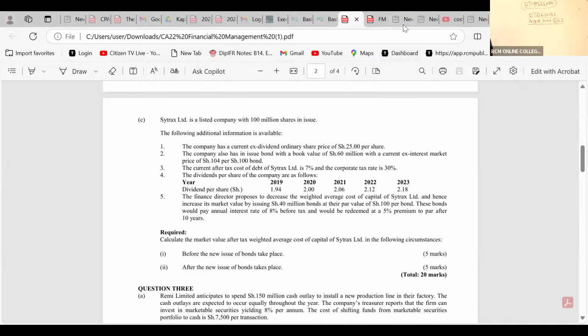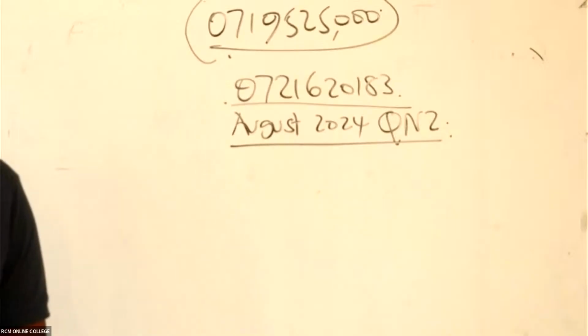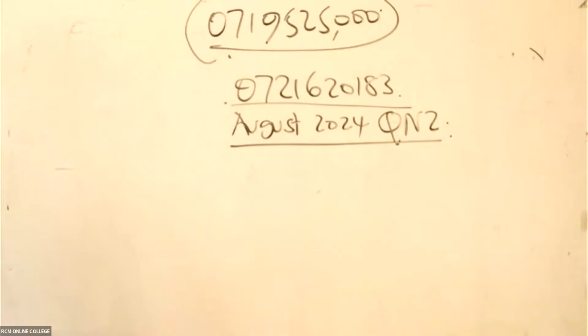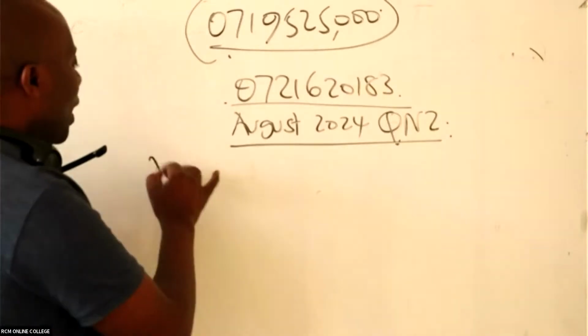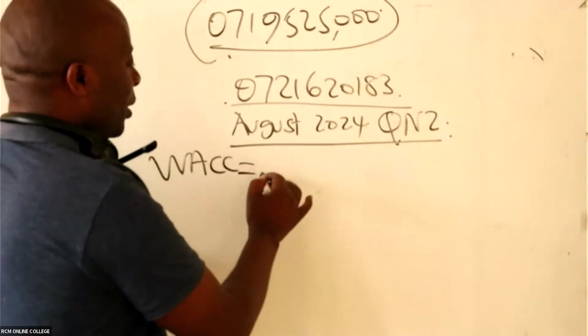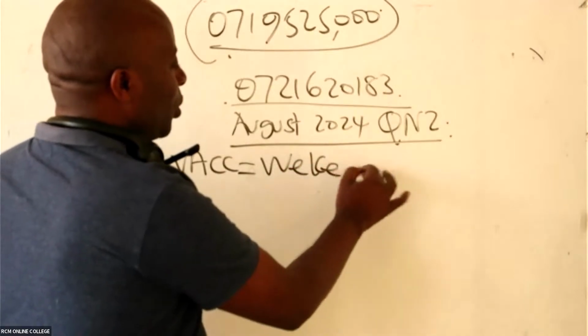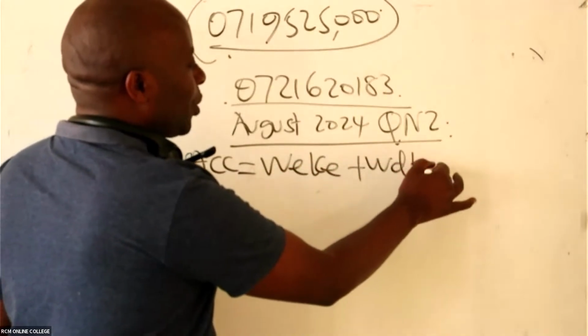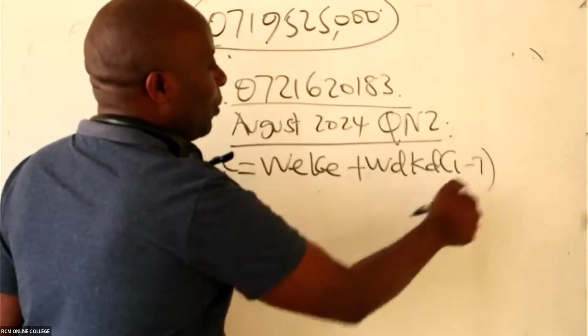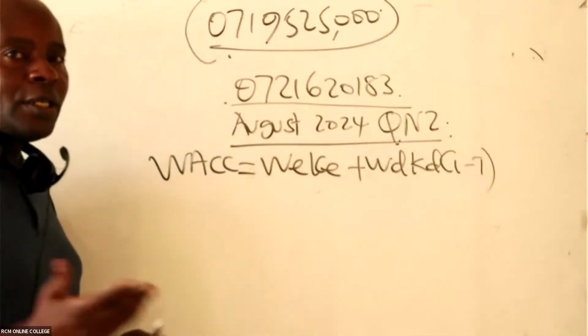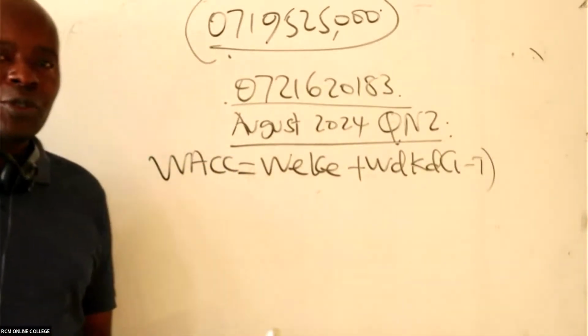So this is a straightforward, very easy question, because they simply wanted us to give them the WACC. And to get the WACC, we take weight of equity, cost of equity, weight of debt, cost of debt. Cost of debt will be tax adjusted. In this question, we don't have preference shares.